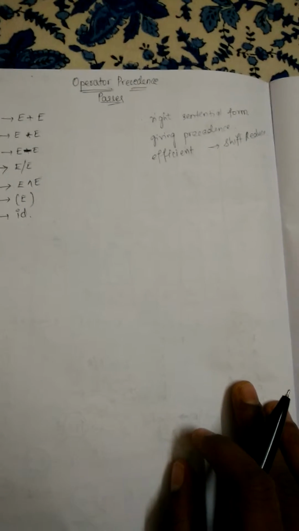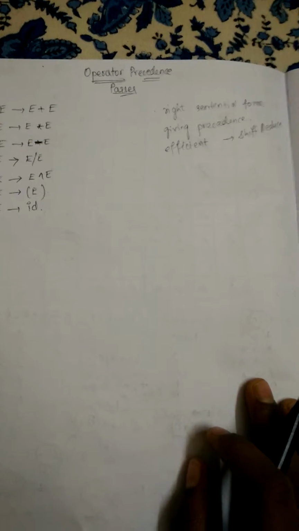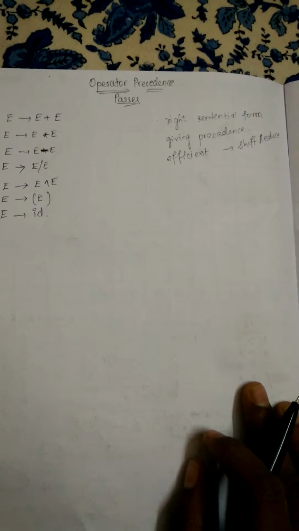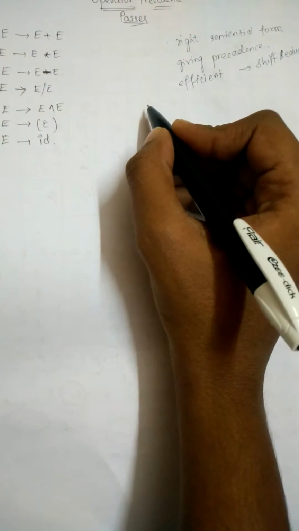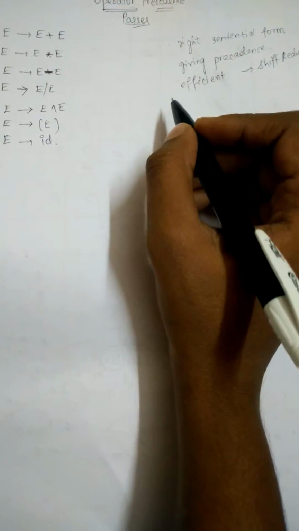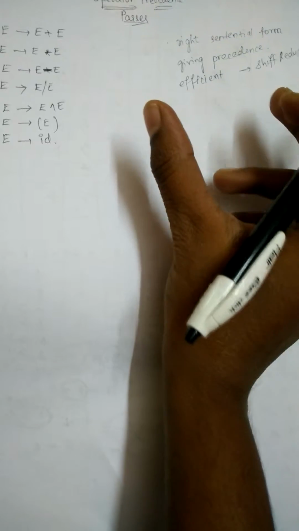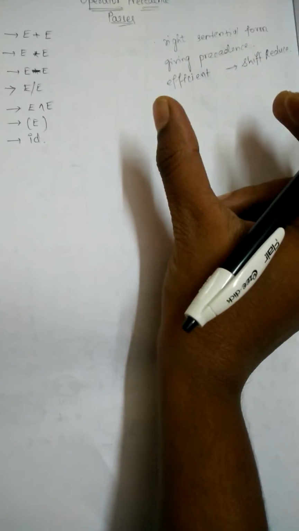Now, we'll see how the operator precedence parser works and what are the rules to implement it. The first and foremost thing is there is a certain rule that the grammar should be in this form.